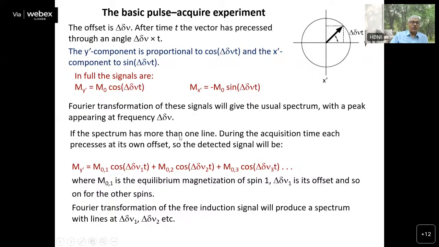If you measure this, you will now get a FID. Anyway, this FID part we will discuss later on. Ultimately when all these frequencies mix up, you get what is called the free induction decay, and if you do a Fourier transform, you will get signals due to these offset frequency values like delta nu 1, delta nu 2, and like that.